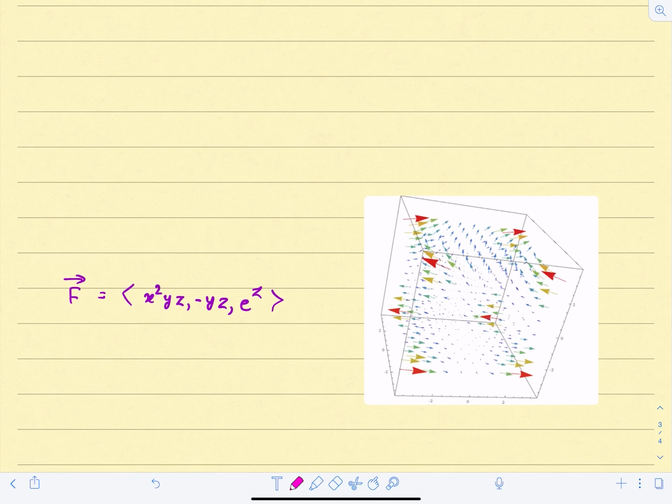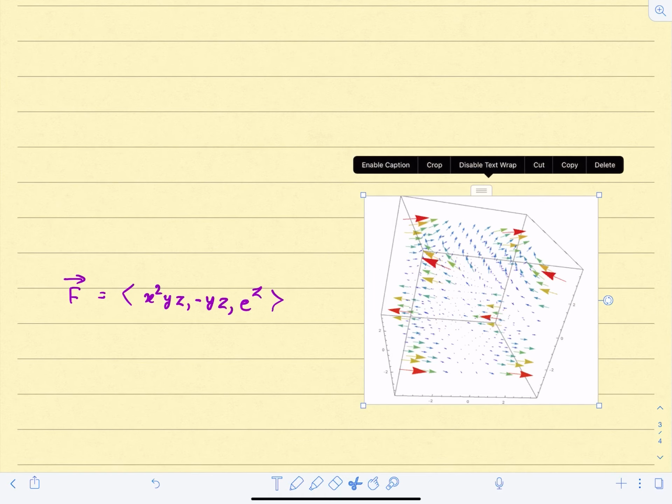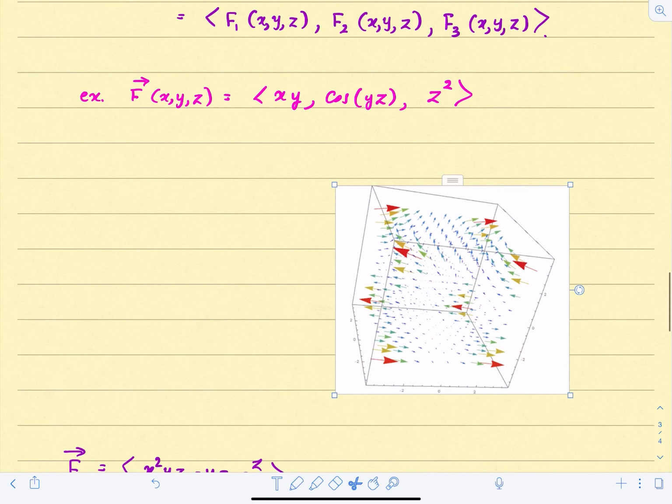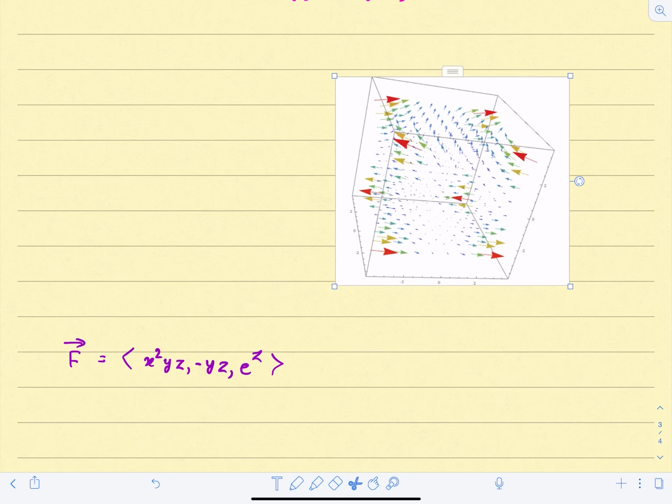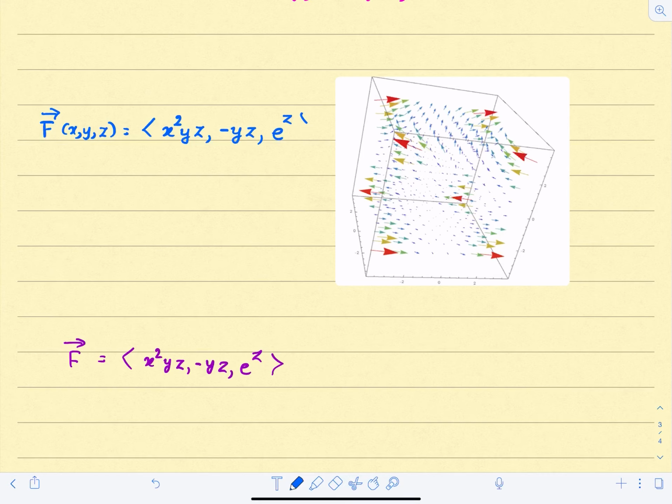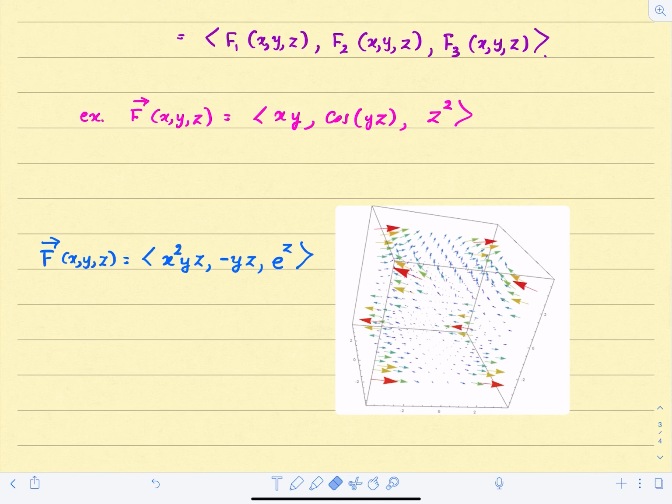So here I plot, using Mathematica, a three-dimensional vector field, and this vector field is given by the function F of x, y, z equals, first component x squared yz, second component minus yz, and third component e to the z.